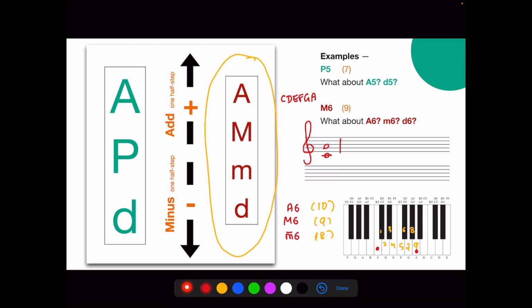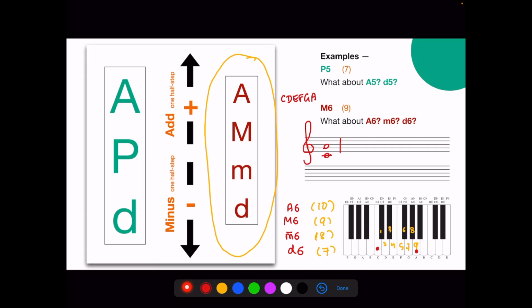And then for minor 6, if we subtract one more half step, which would now make it 7 half steps between the two notes, we would have a diminished 6th. So what you see on the chart on the left, this is the sliding scale. We start from perfect, go up, it's augmented, go down, diminished. From major, go up, that's augmented, go down, minor, go one more half step down, that's diminished. Okay, so hopefully this is clear.